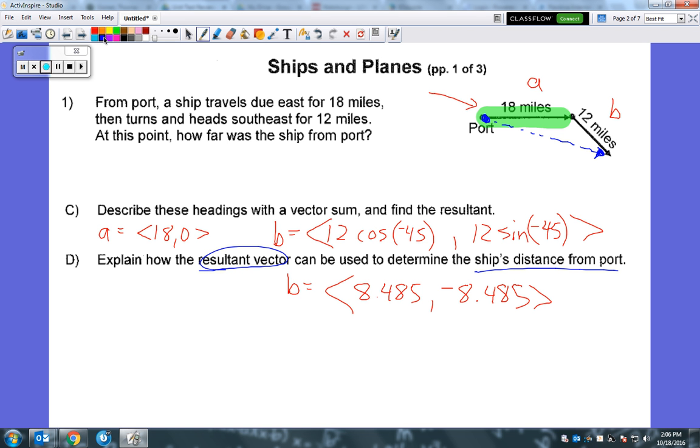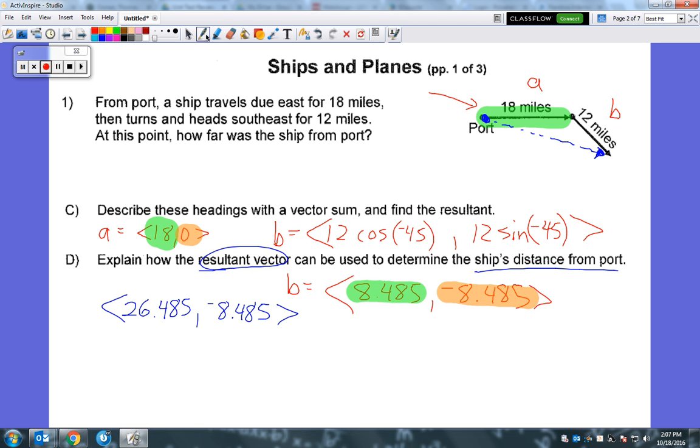Okay? Now, adding these, how am I going to get the resultant? What do I do? You just literally add them. So add this and add that. You get 26.485. And then adding the other ones, what do I get? Negative 8.485.